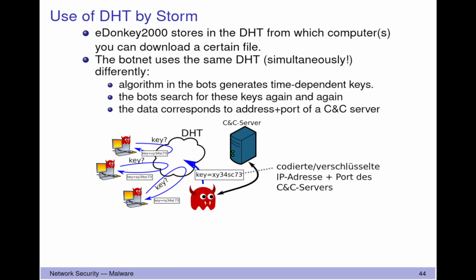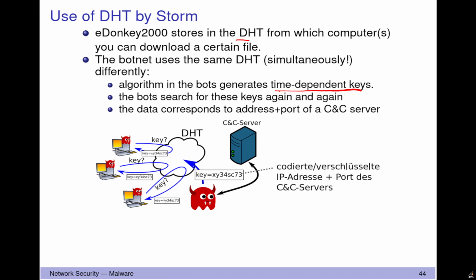Okay, so what did they do? It's stored in the DHT. The information in this distributed hash table was from which computer they could download a certain file, and the botnet generated time-dependent keys.